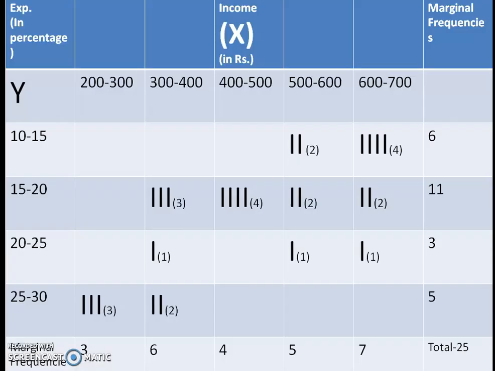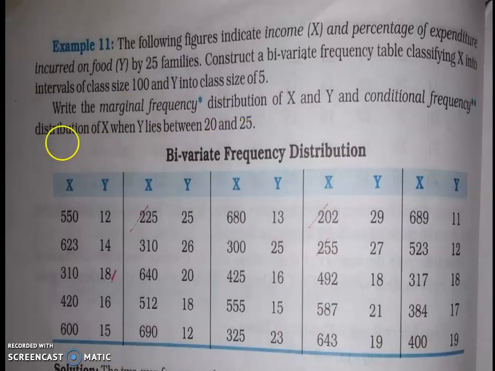What we need to do is, first we will make this chart. In this row, we will put x, and in the first column, we will put y. As it was given in the question, in y the class size should be 5 and in x the class size should be 100. The lowest value in y we can see is 11 and the highest value is 29.